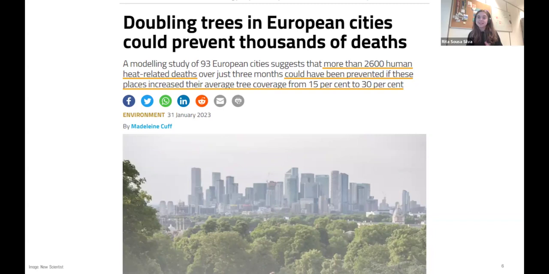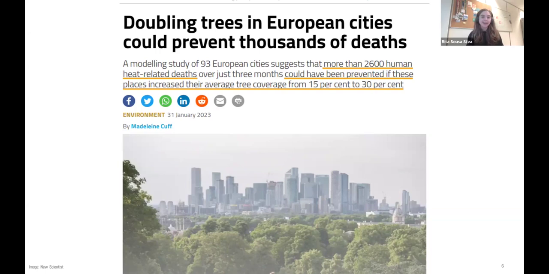As a disclaimer, this is not that easy, right? In some cities, doubling the canopy cover might be going from 5% to 10%, which is more or less achievable. But if you are talking about a city with 20%, maybe that's already good enough, and then you just need a little bit more. So different cities need to put in more or less effort, but as a general idea, this is a way to start.